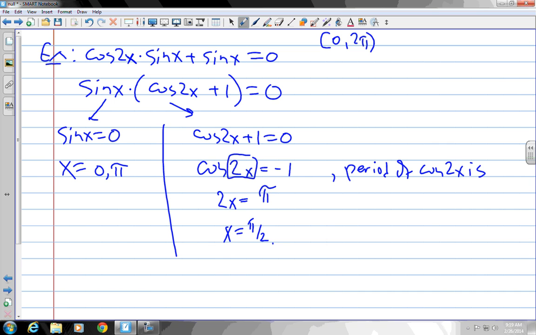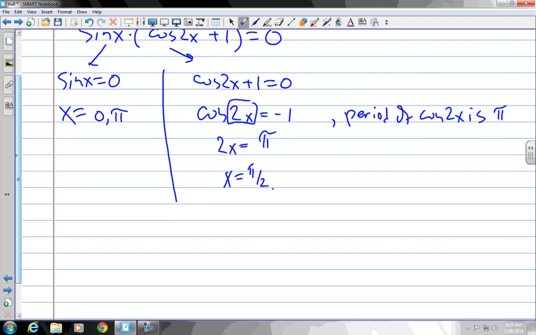Yes, the period of cosine is 2 pi. So what's the period of cosine of 2x? Pi. You divide by the constant. It increases the frequency, the graph shrinks. So the period here is pi. So to find another point, I just add pi to pi over 2, which gives 3 pi over 2.